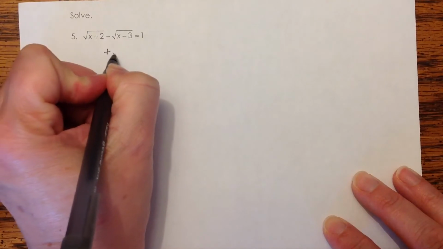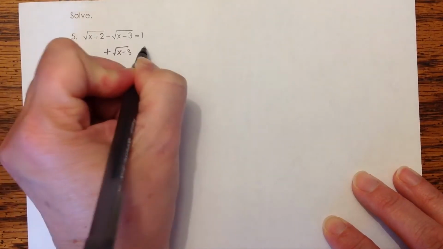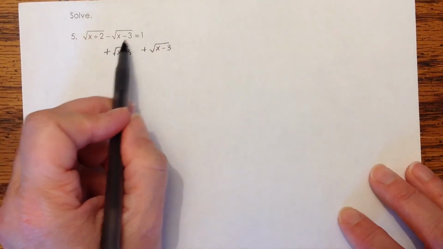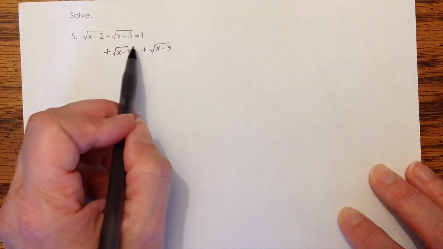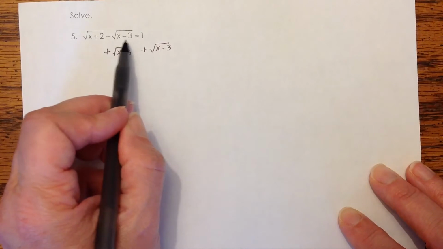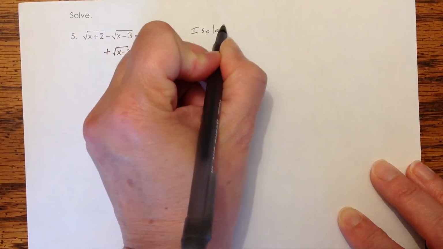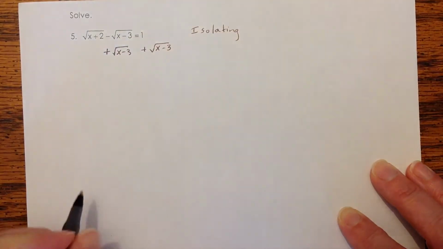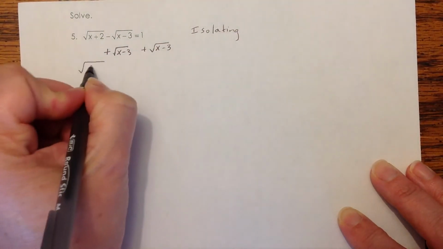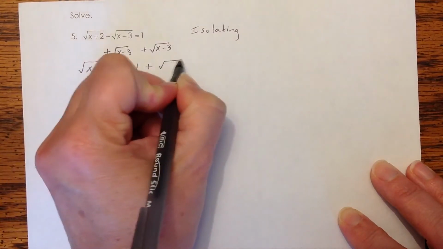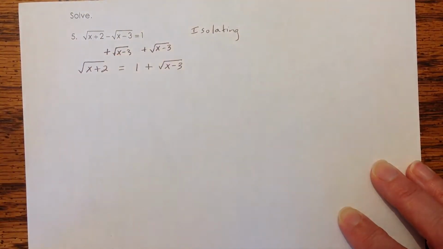So I'm going to add this one to the other side. When I'm adding this over, I add it as I exactly see it. Nothing about x minus 3 changed. So this step is I'm isolating. So I get the square root of x plus 2 equals 1 plus the square root of x minus 3.